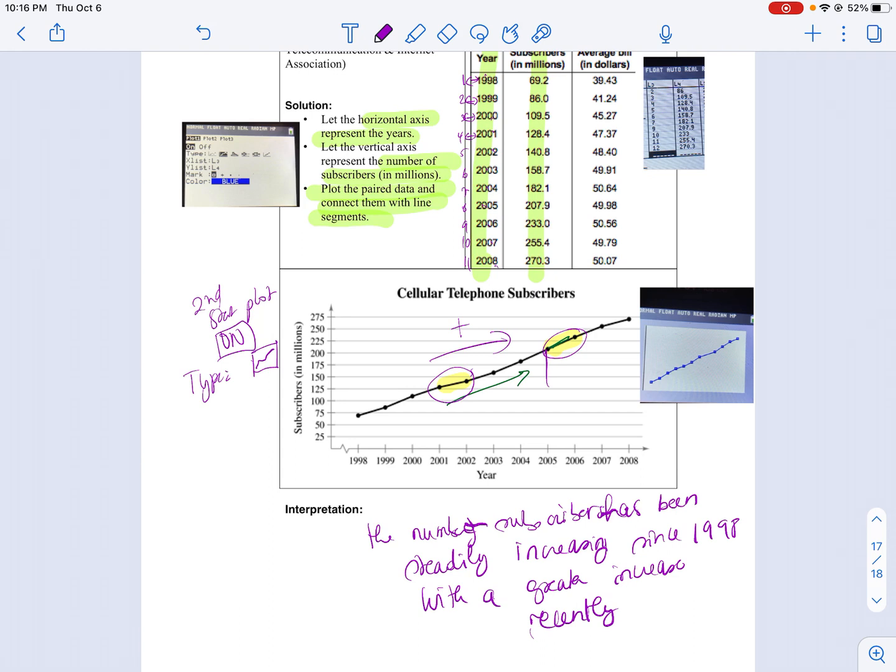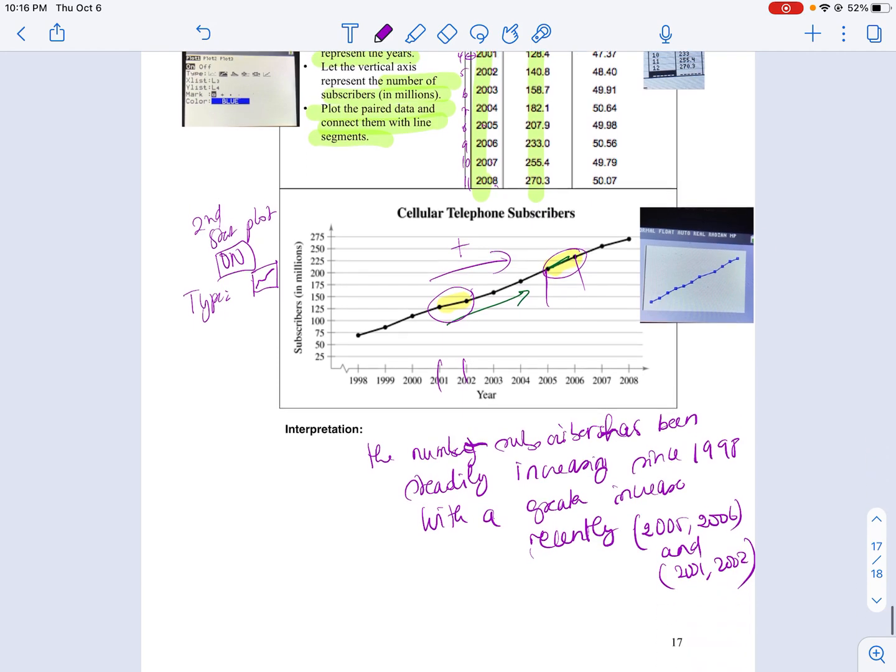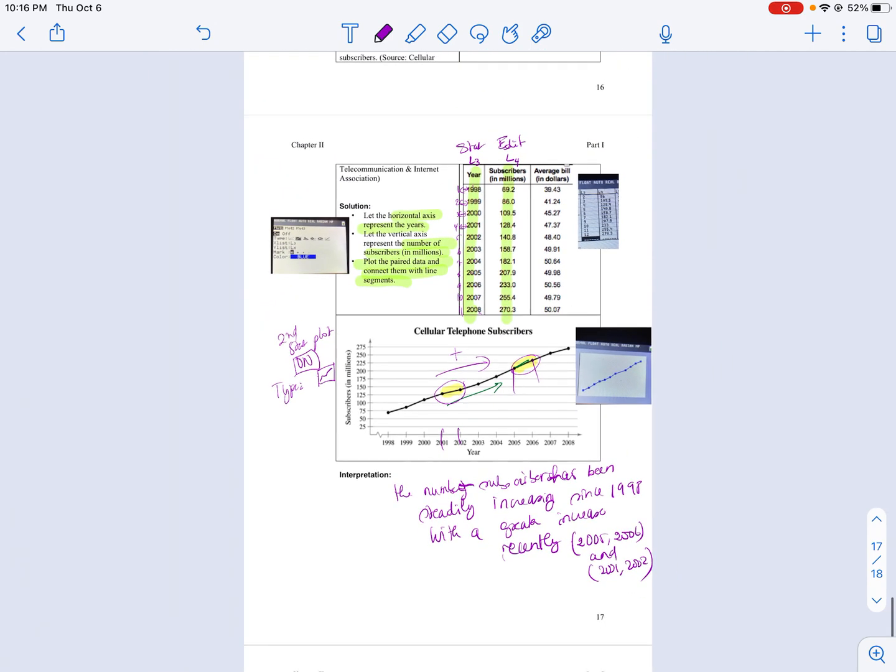You can talk about between the years 2005, 2006, and 2001, 2002, because this is where your slope is a bit steeper.